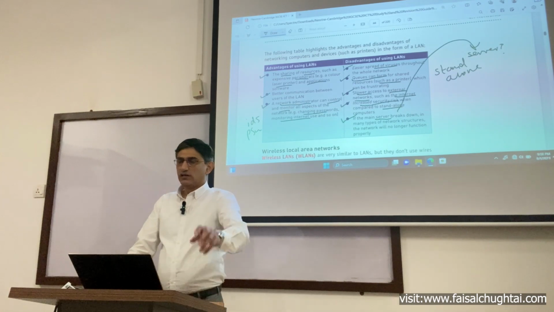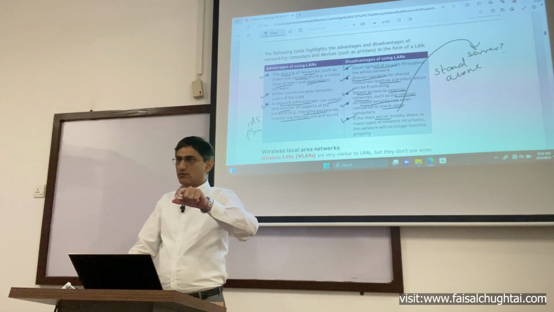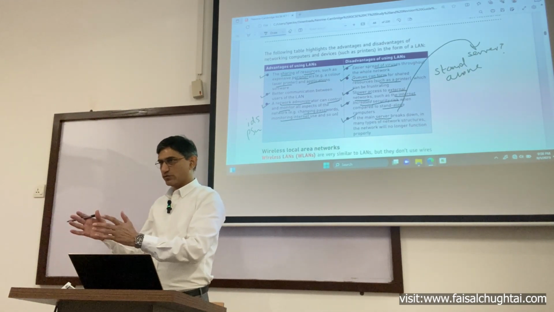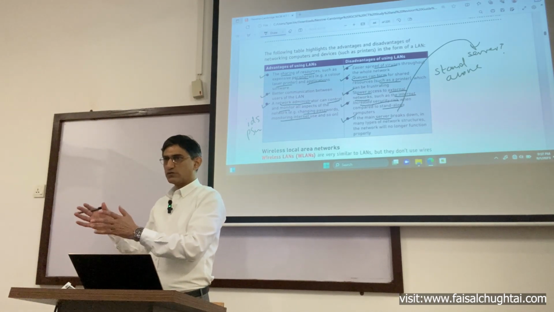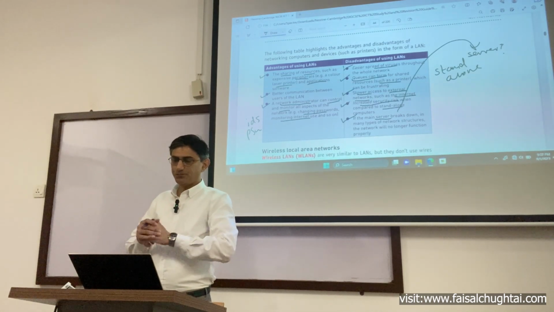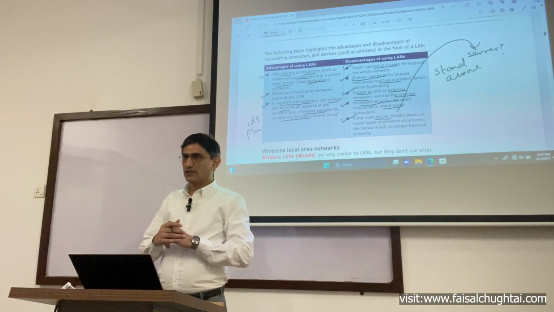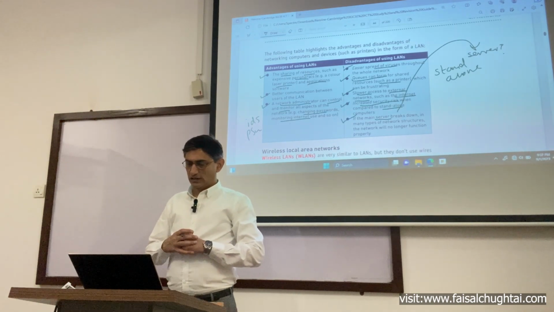So hence the role of the network administrator becomes even more important, because he's the one who's controlling all this. So he needs to make sure that the server is up and running without any problems at all times. Okay. Are all these points clear? Any doubts? Any confusions? Okay, that's wonderful.